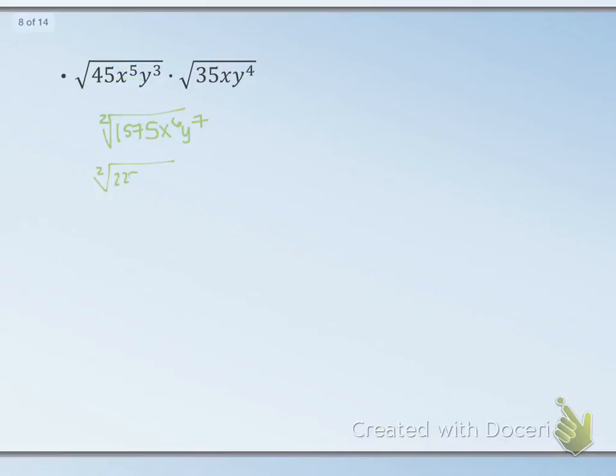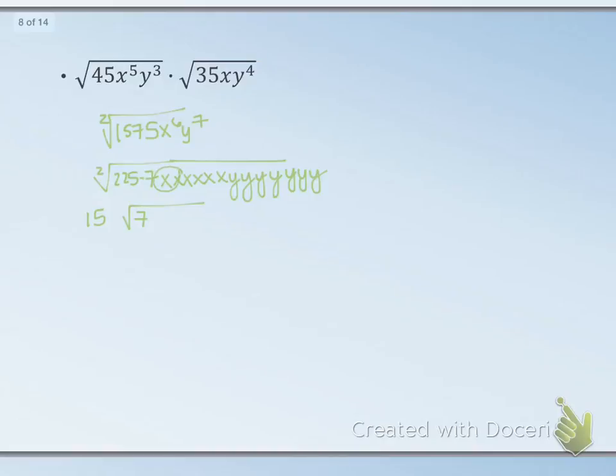So 225 times 7. And then if I want to write out all my x's again, and my y's, this time we're grouping them in 2's. Well, the square root of 225 is 15. I still have the 7 left.